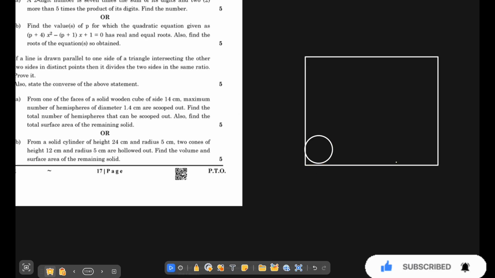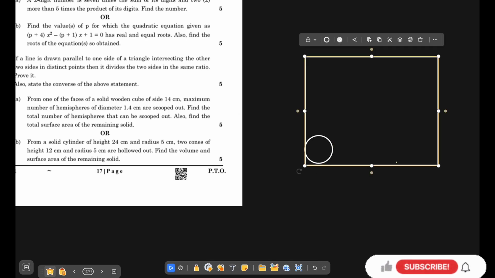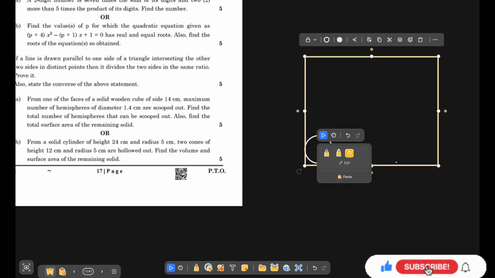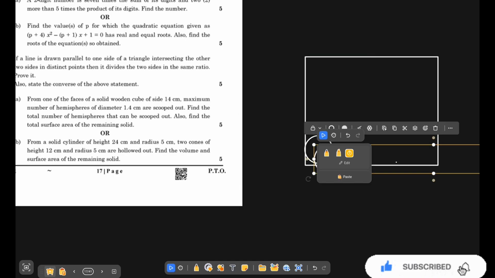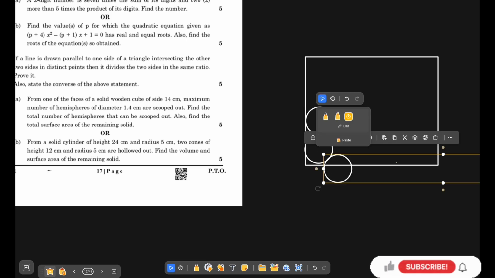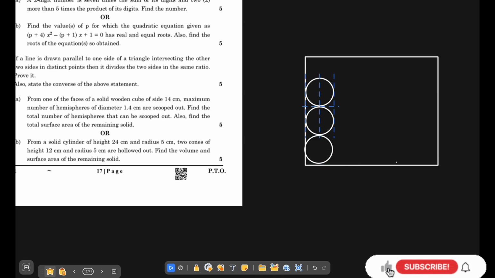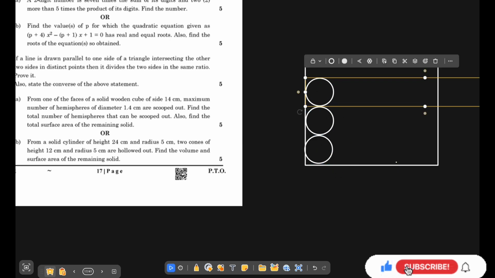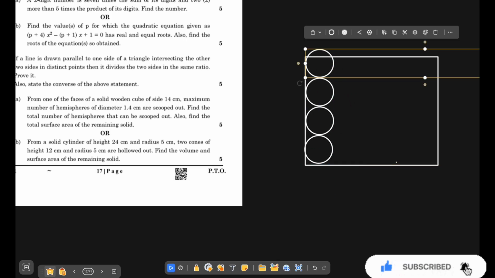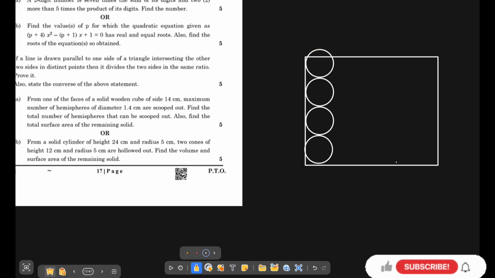So how many hemispheres can we scoop out like this?